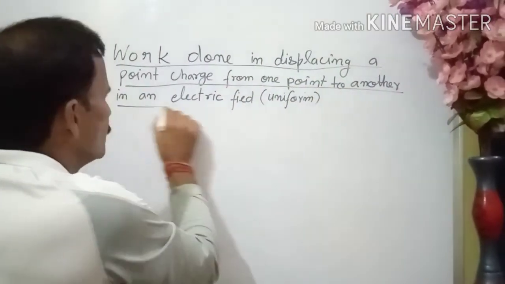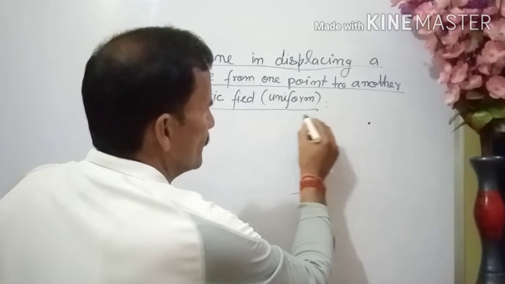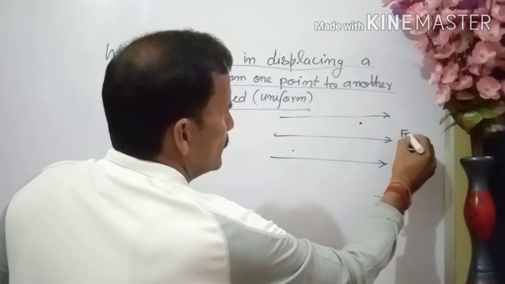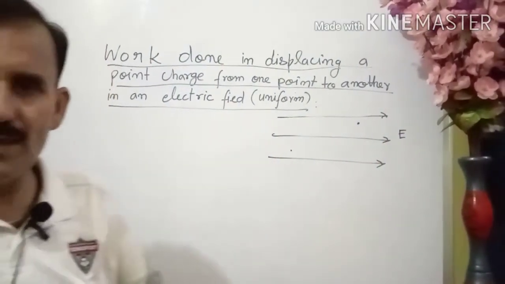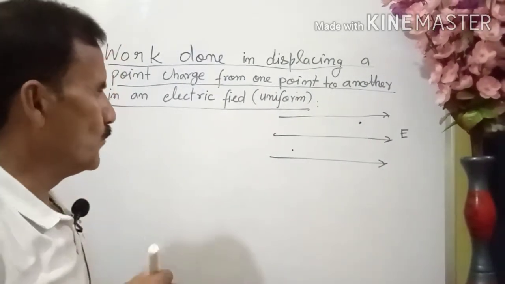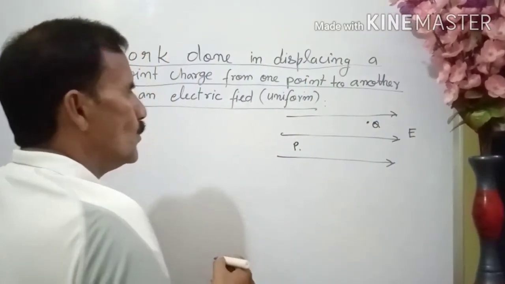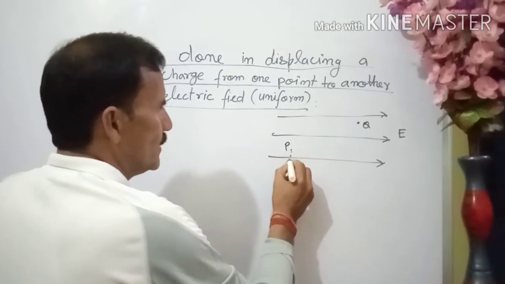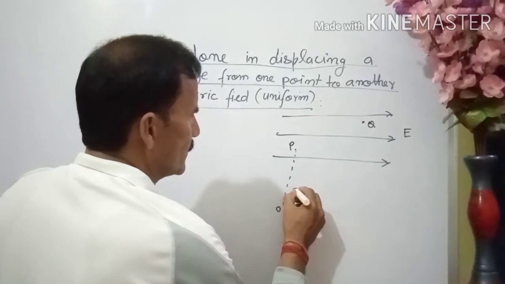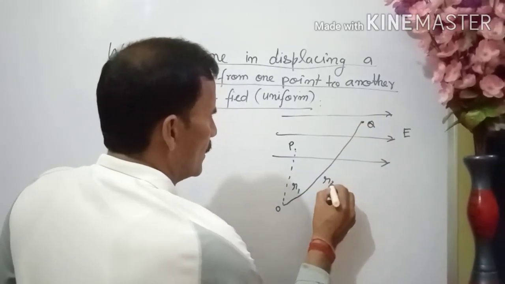So what are you going to do? Let us take the concept. Suppose there are 2 points in an electric field, and this electric field is uniform, with the intensity everywhere equal to E. Now suppose there are 2 points P and Q, and suppose there is a frame of reference and the position vector of P is R1 and the position vector of Q is R2.